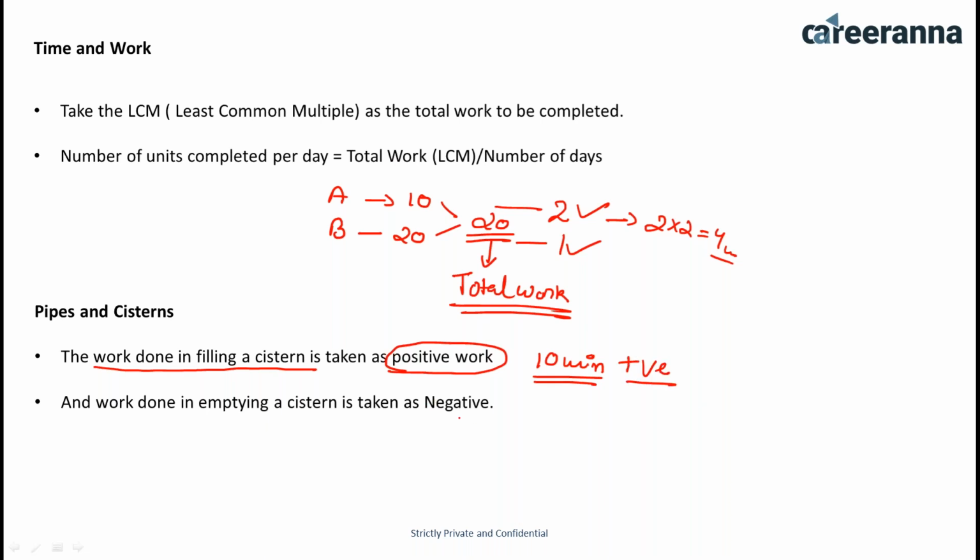But if the question says that a particular pipe A or B is emptying the cistern, in this condition we take the work as negative work. If A is emptying the cistern in 20 minutes, we take this work as negative, and then solve the questions according to the question. So these are the basics that we have to use.